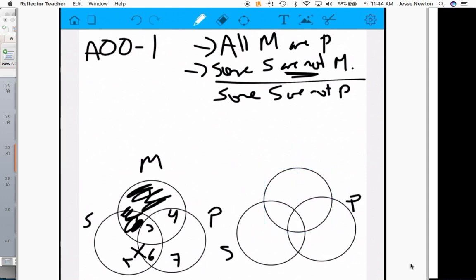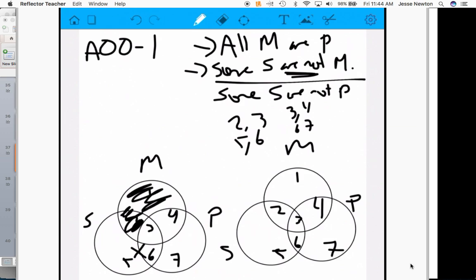S, P, M, regions 1, 2, 3, 4, 5, 6, 7. Some S, which is 2, 3, 5, 6, are not P. P is 3, 4, 6, and 7. Locate the regions of overlap.